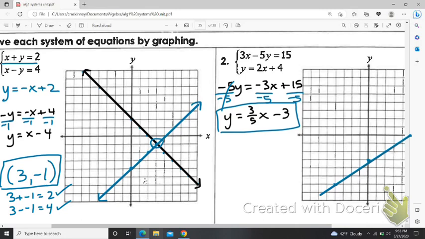Not quite on the line, because this dot up here is incorrect. There we go.